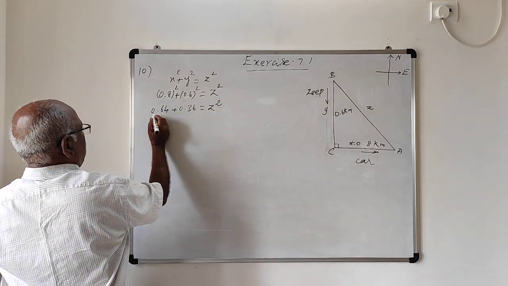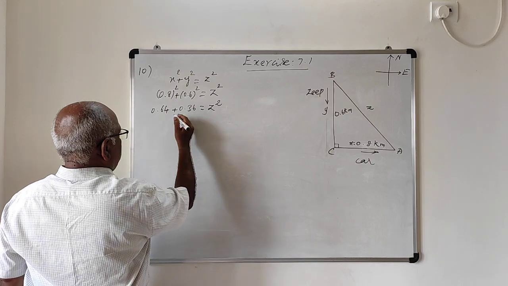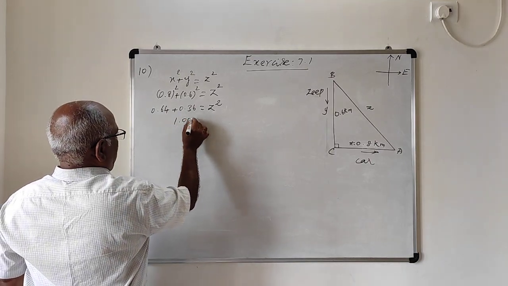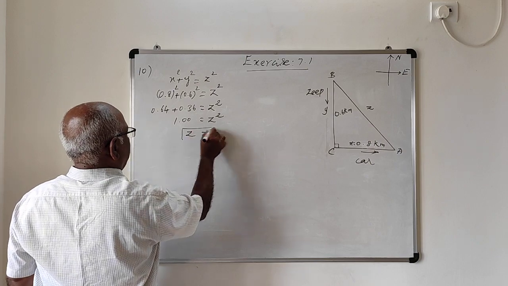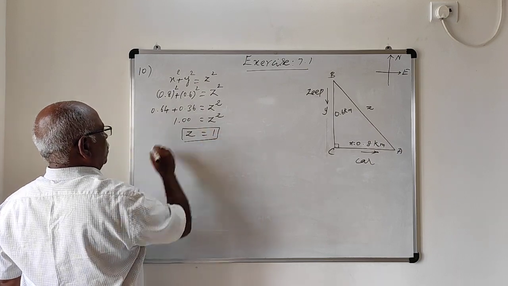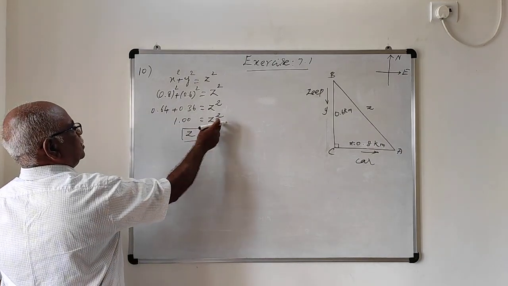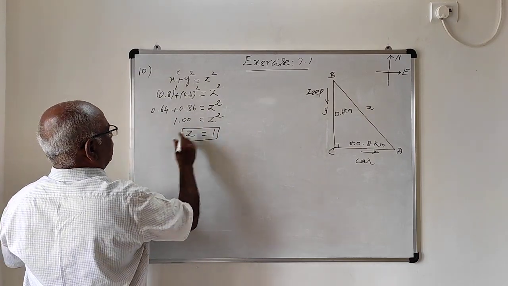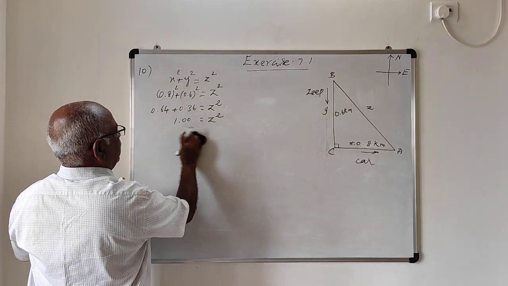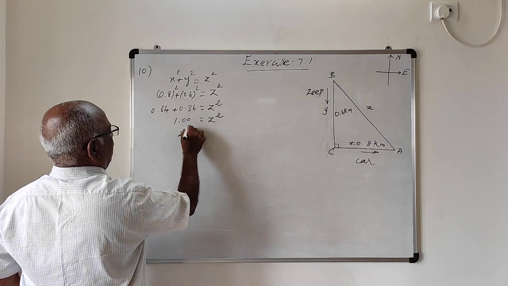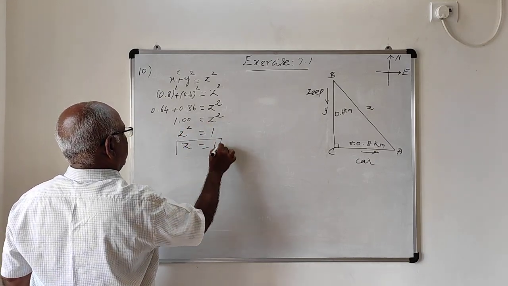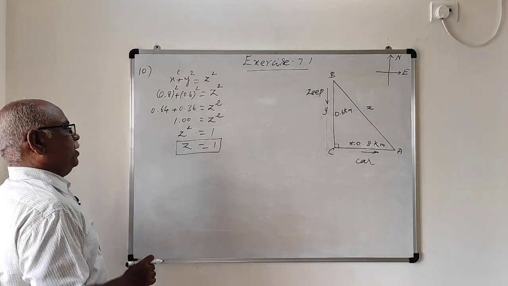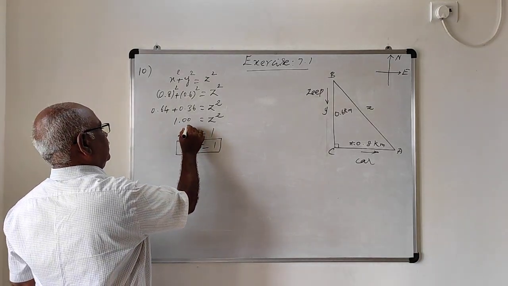That is 1.00 equal to z square. So z is equal to 1. Distance is not minus 1, it is only the magnitude, so z equals 1.